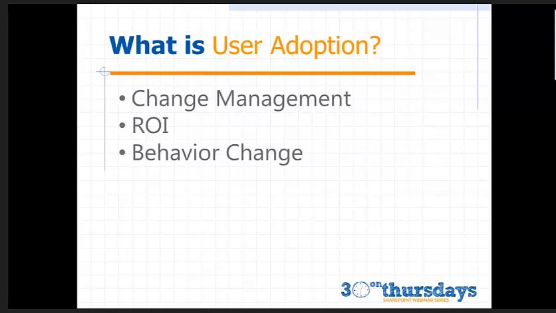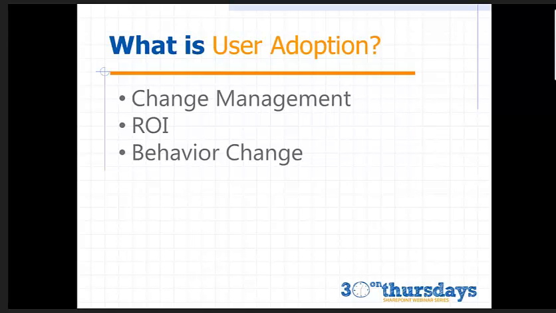A lot of times those are the types of things that speak to people, and that's the level of personalization that you have to get to make user adoption really happen. You talk about somebody who's quitting smoking, for example.